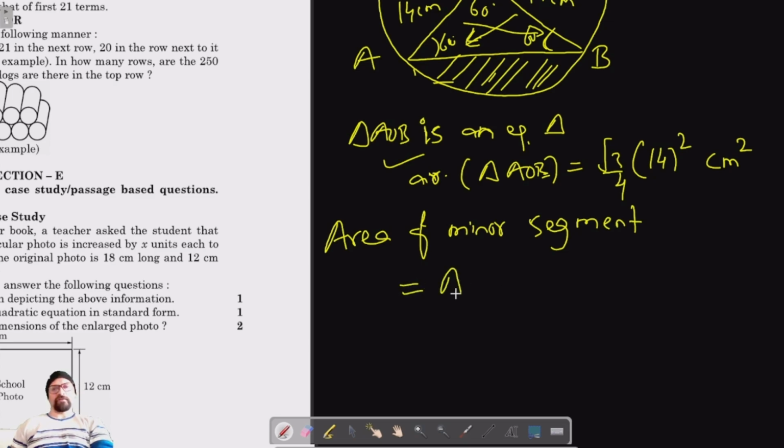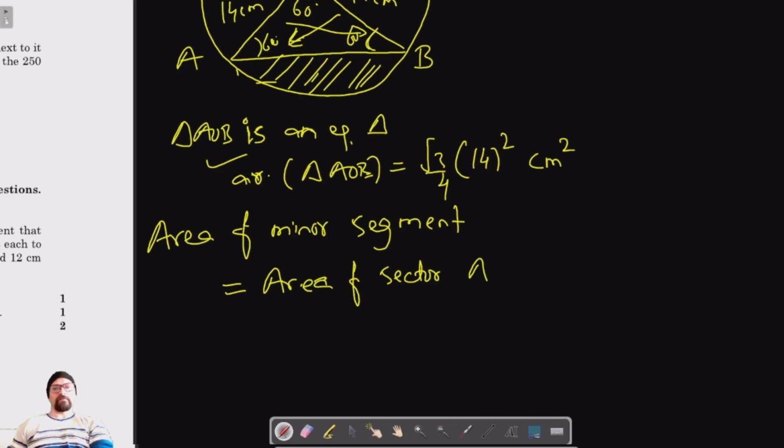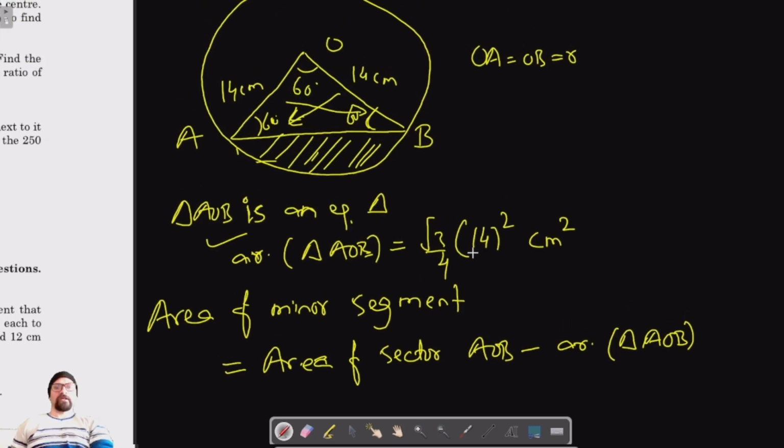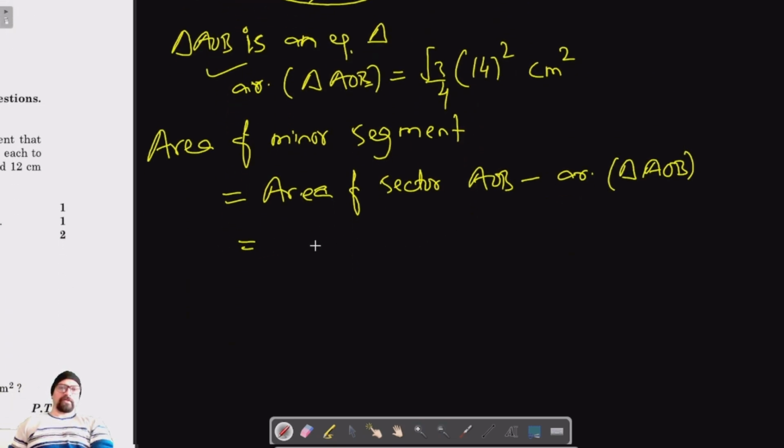So let's find out the area of minor segment. This is area of sector AOB minus area of triangle AOB. Area of sector AOB is theta by 360, theta is 60, by 360 into pi into radius 14 square.